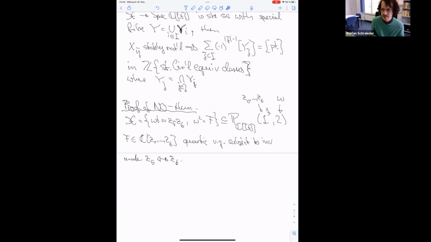Yeah, so there are variants of this. So you can write several variants. I use this one, and then I explain what happens. So the special fiber, I always call the special fiber Y. What do we get? So T is 0. So we get Z5 Z6, the product.